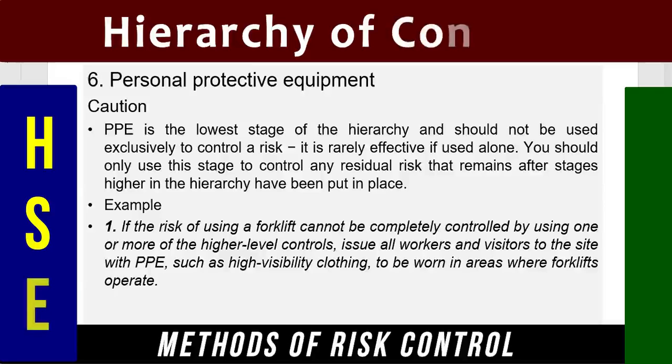You should only use this stage to control any residual risk that remains after stages higher in the hierarchy have been put in place. For example, if the risk of using a forklift cannot be completely controlled by using one or more of the higher level controls, issue all workers and visitors to the site with PPE, such as high visibility clothing, to be worn in areas where the forklift is operating.